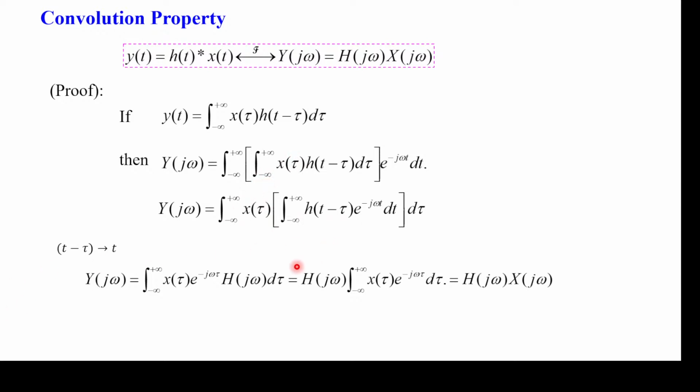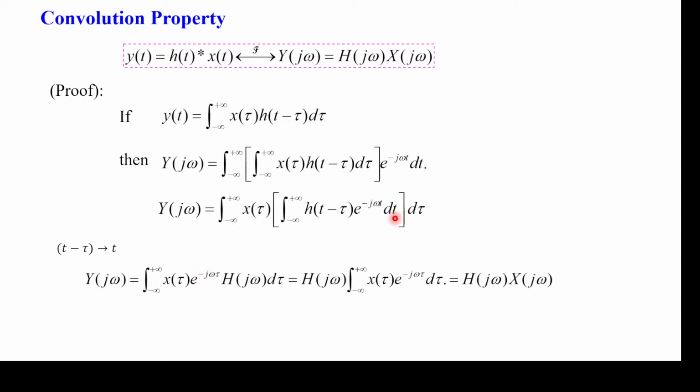And then here we do a change of variable because we don't really know what this h of t minus tau is, so we change t minus tau to t, and that changes t to t plus tau. So from here, this t plus tau, you get e to the minus j omega tau here.